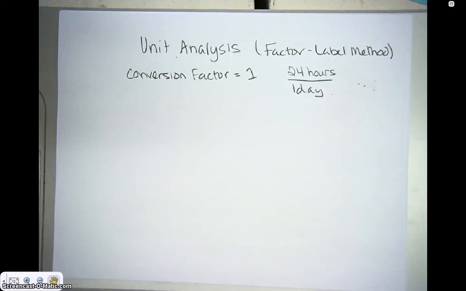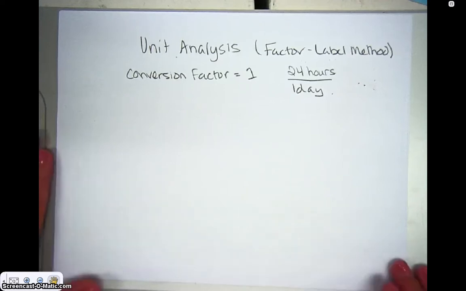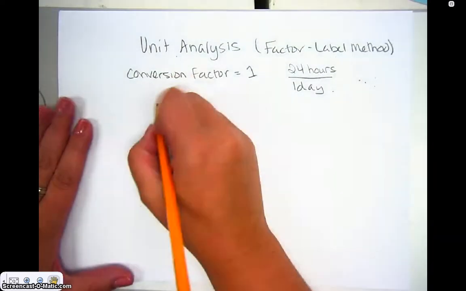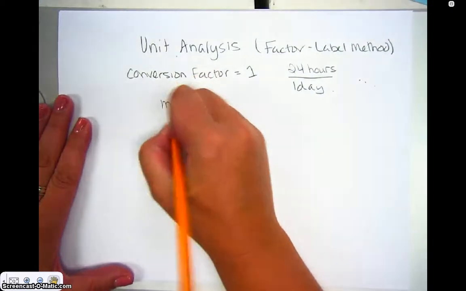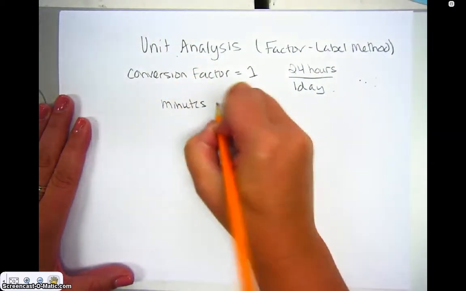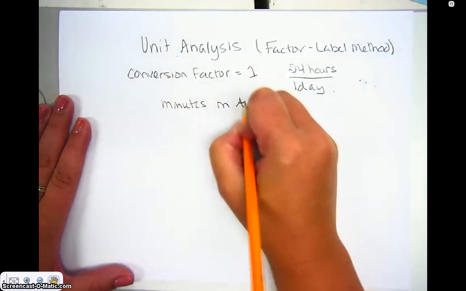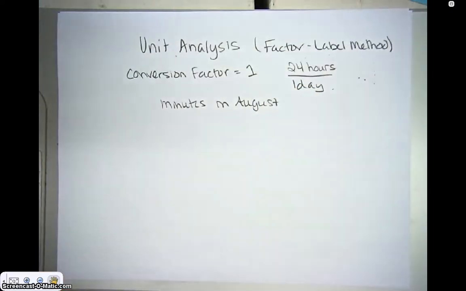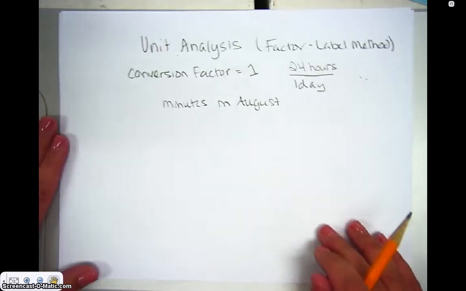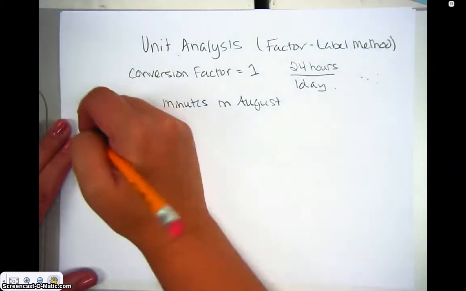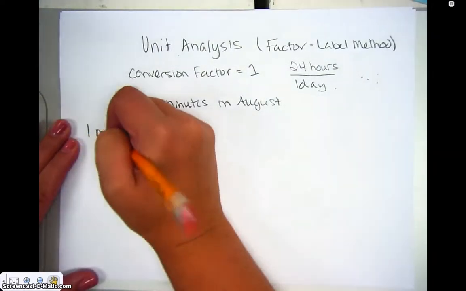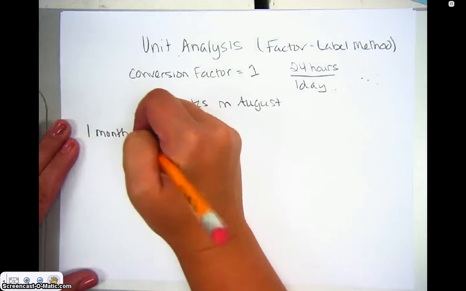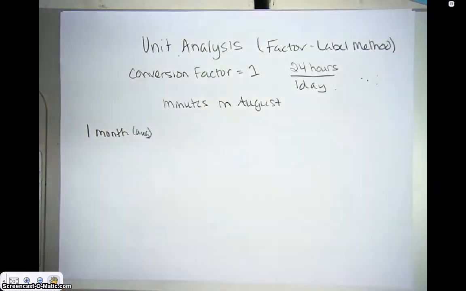So let's figure out how many minutes are in the month of August. I'm being asked for minutes in August. We start by writing down what we have, so 1 month, and in particular, we'll write in parentheses August, so we know how many days are in that month.